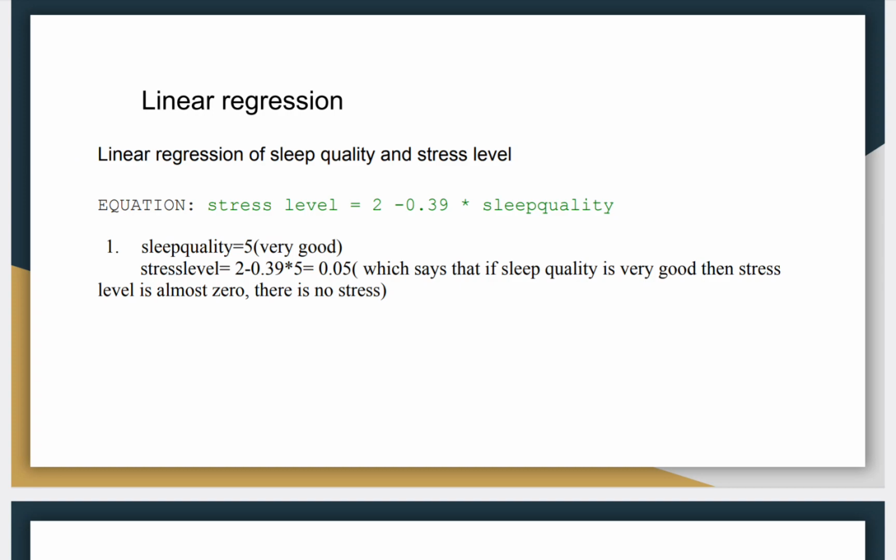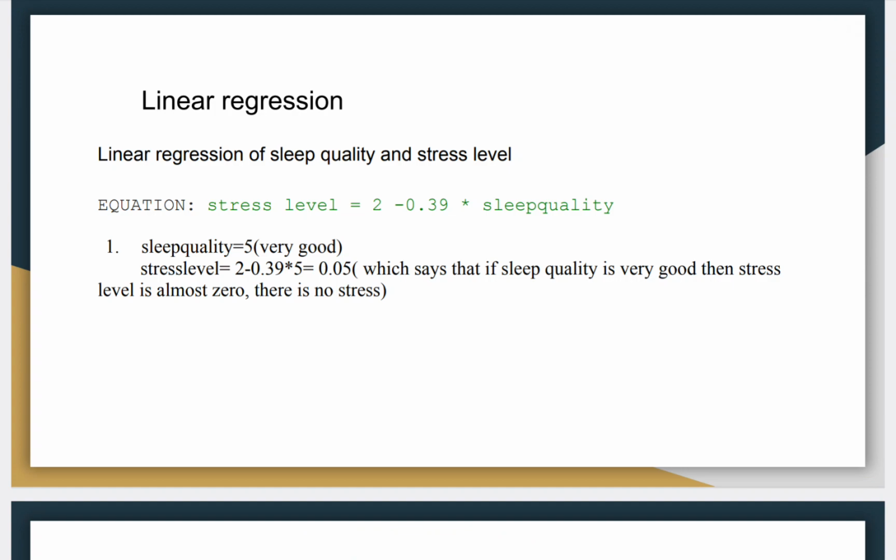For example, from the data we have, we make the equation of linear regression, and then we have an equation from which we can make predictions. For example, here the stress level equals 2 minus 0.39 times sleep quality.